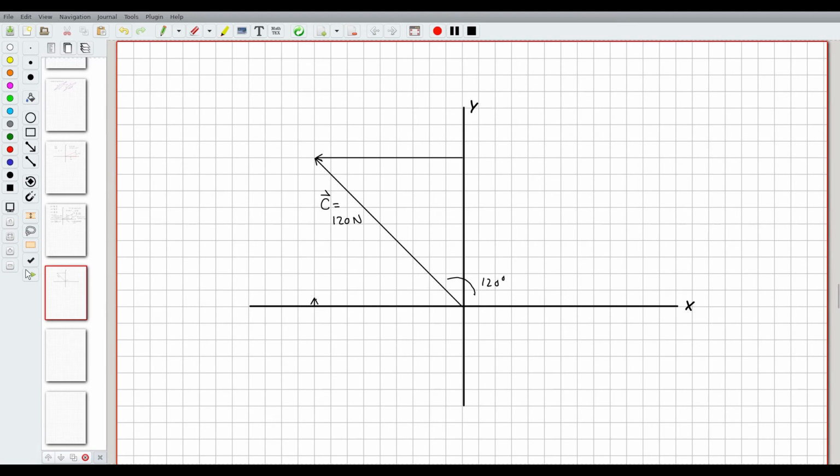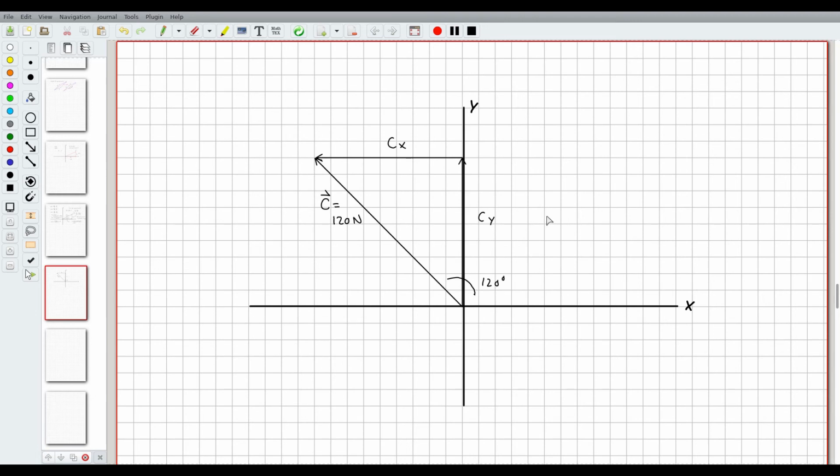I'm actually going to make our life easy, put that over here so it doesn't get in the way. There we go. So that's the Y part. So X, Y.